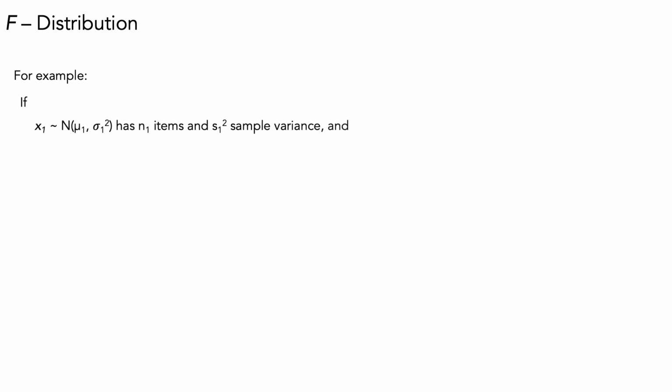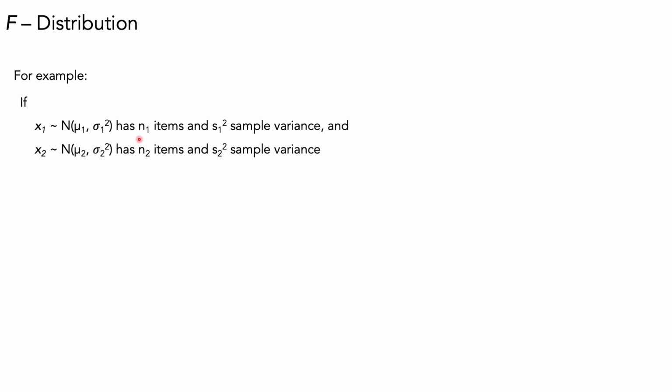So if we have two samples, x1 and x2, these are similar to W and Y in the previous one. Now we are calling the samples that we have selected from the normal probability distributions x1 and x2.